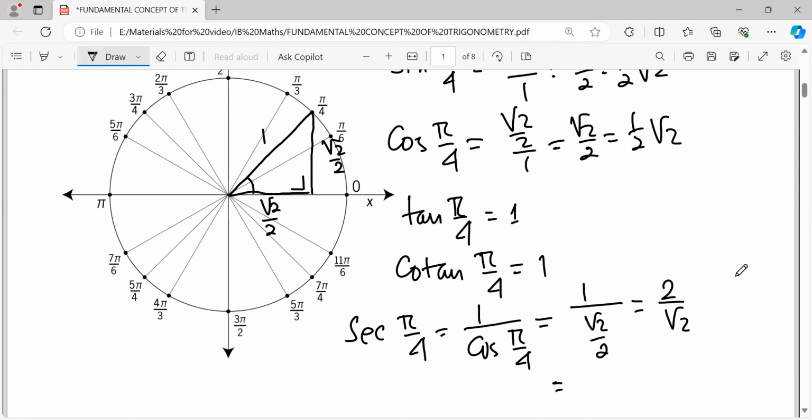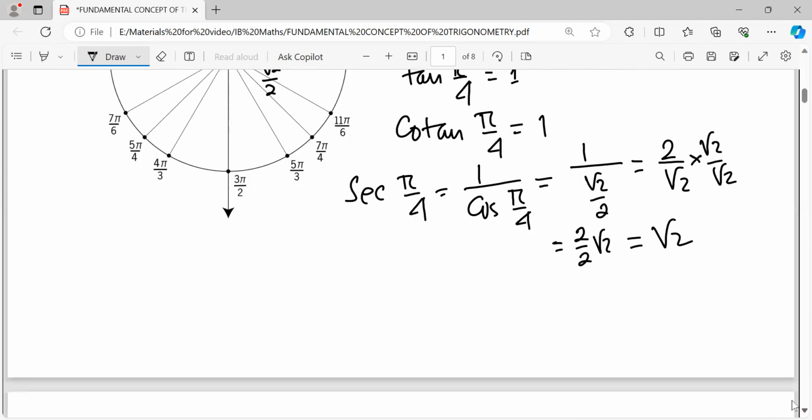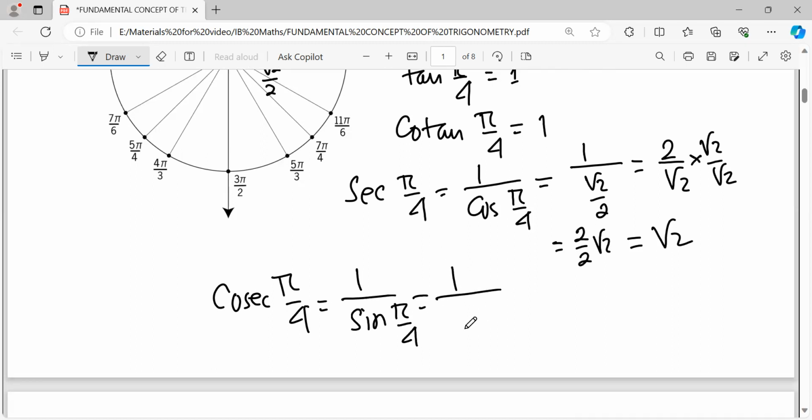You can simplify by multiplying by square root 2 over square root 2, and it's going to be 2 square root 2 over 2, equals square root 2. Okay, cosecant pi over 4 equals 1 over sine pi over 4 equals 1 over square root 2 over 2. Same with this one, equals square root 2.